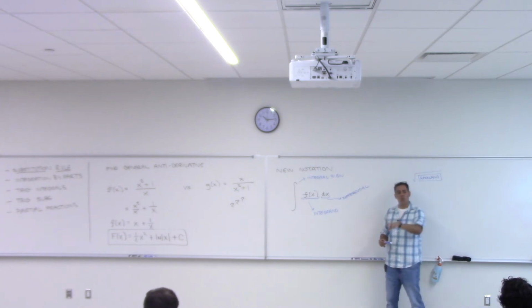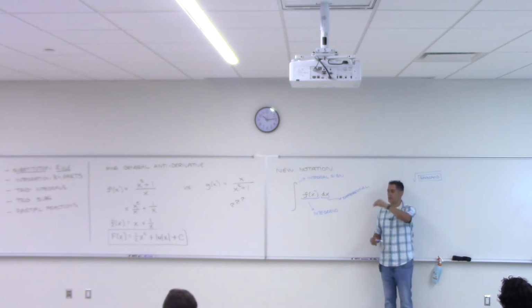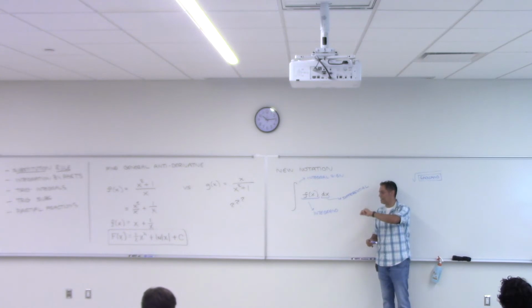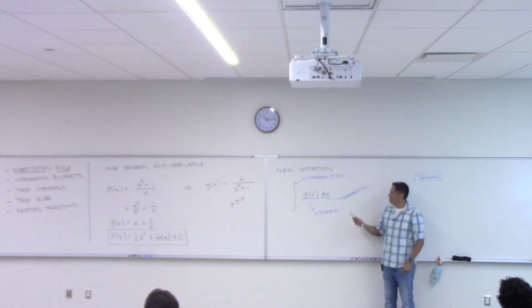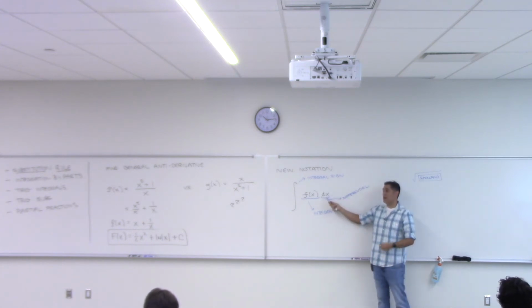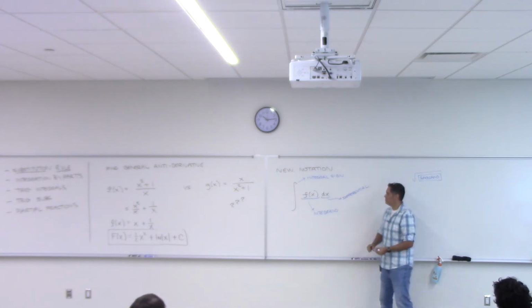Do you remember in Cal 1, when you differentiate, you always need to know what you're differentiating with respect to. Like, are you differentiating with respect to x or with respect to t? What's the variable that's independent versus dependent? And so this is keeping track of the independent variable for the antiderivative, right? So that's what that is, all right?